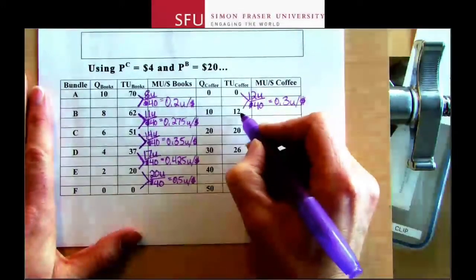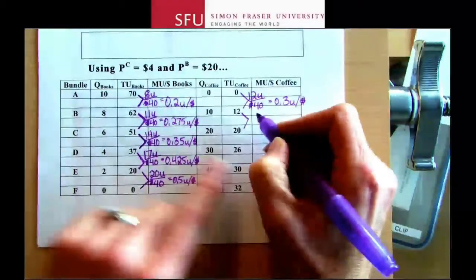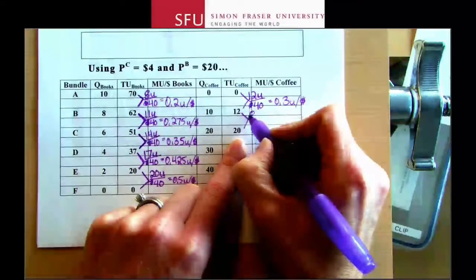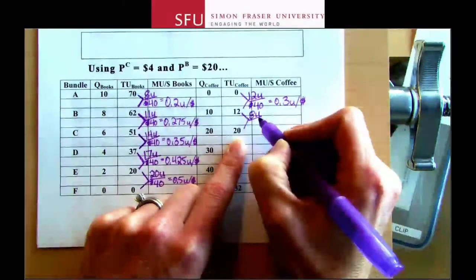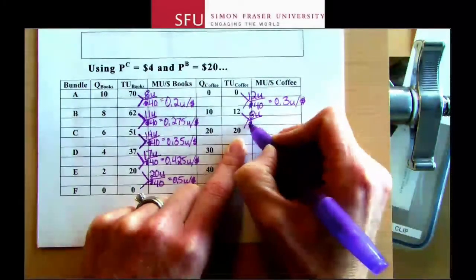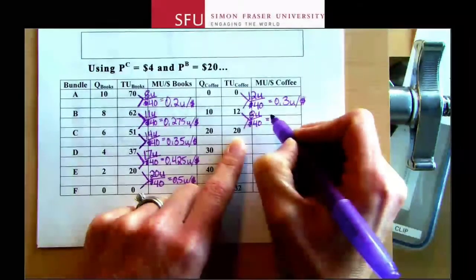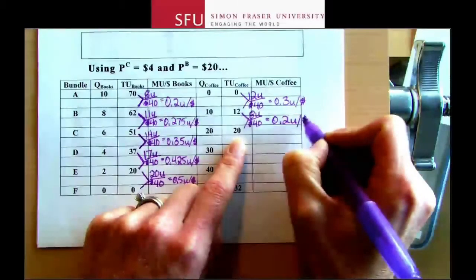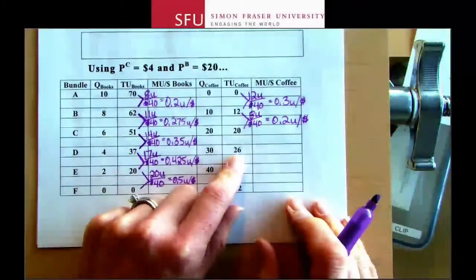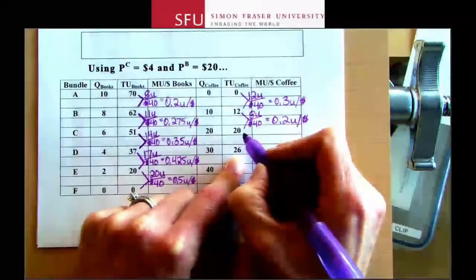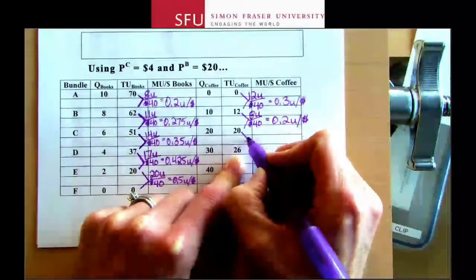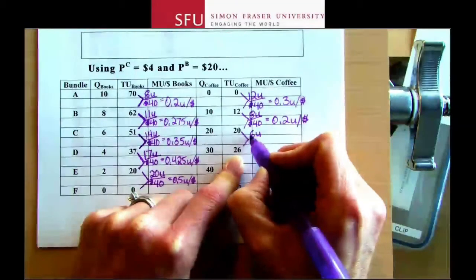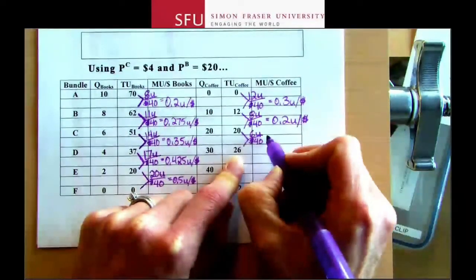The next 10 cups of coffee increase your utility by 8, from 12 to 20. So you're getting 8 units of utility, and those extra 10 cups of coffee will cost you the same though, $40. Okay, next 10 cups increase your utility by 6, from 20 to 26, and cost you the same, $40.